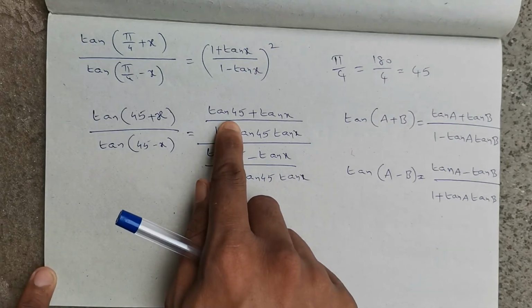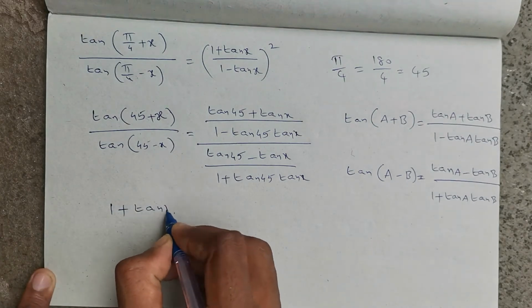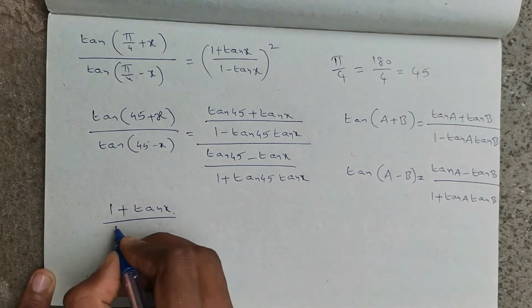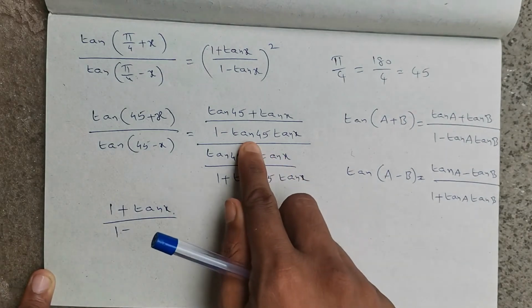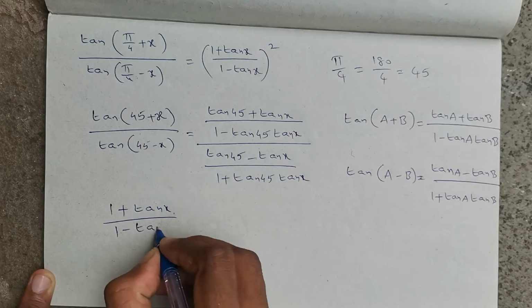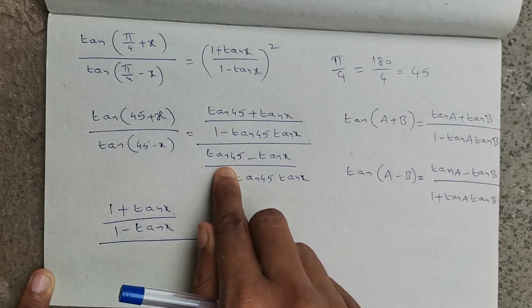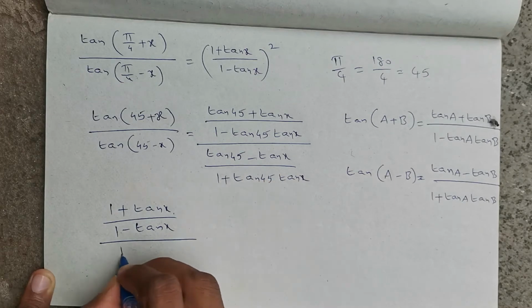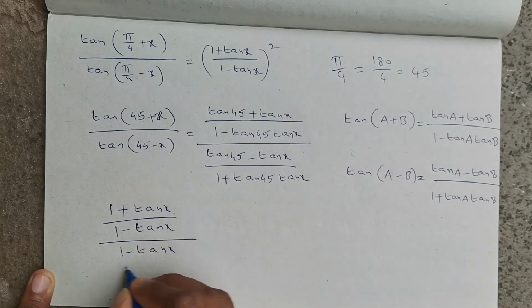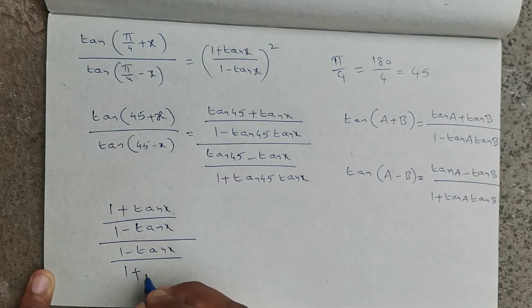Tan 45 is 1, so the numerator is (1 plus tan x) divided by (1 minus 1 into tan x), whole divided by (1 minus tan x) divided by (1 plus 1 into tan x).